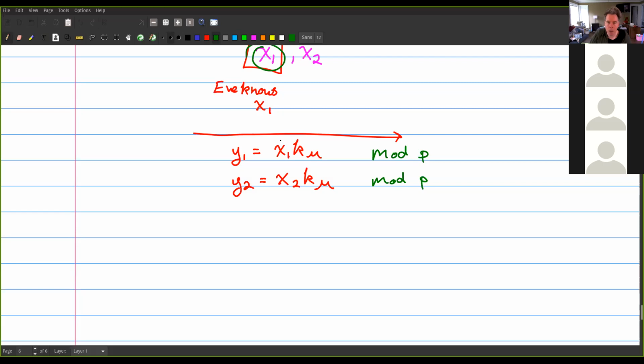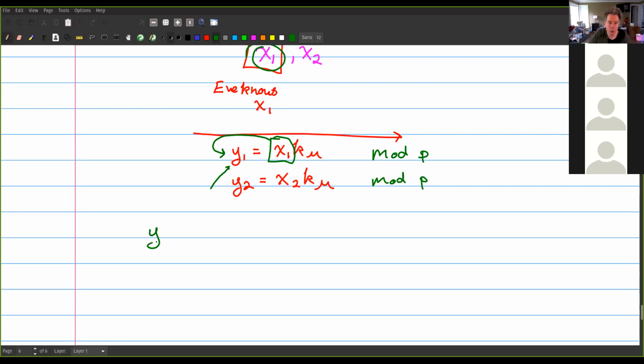So you can get KM if you just move X1 over in this equation. Eve knows both Y1 and X1 in this equation because she gets to see Y1 go by on the wire, and she somehow already knew X1.